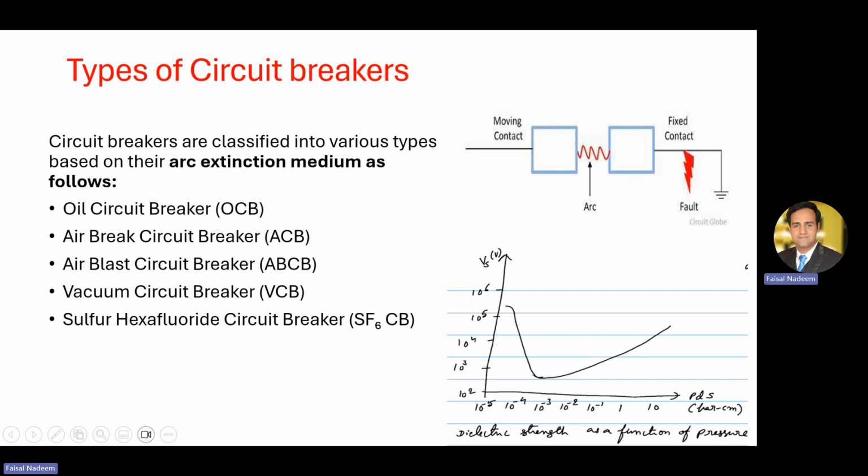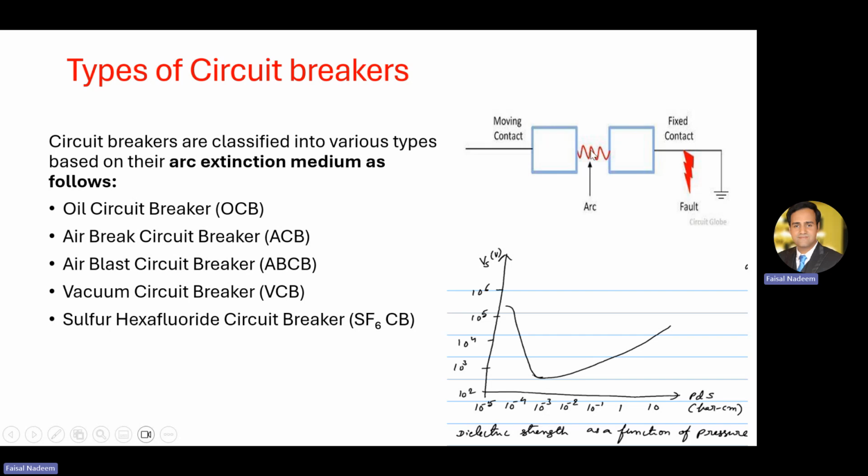And suddenly a fault occurs in the system, so the relay sends a signal to the tripping circuit. The tripping circuit sends a command to the circuit breaker and the contacts start moving apart, the moving contact moving back from the fixed contact.